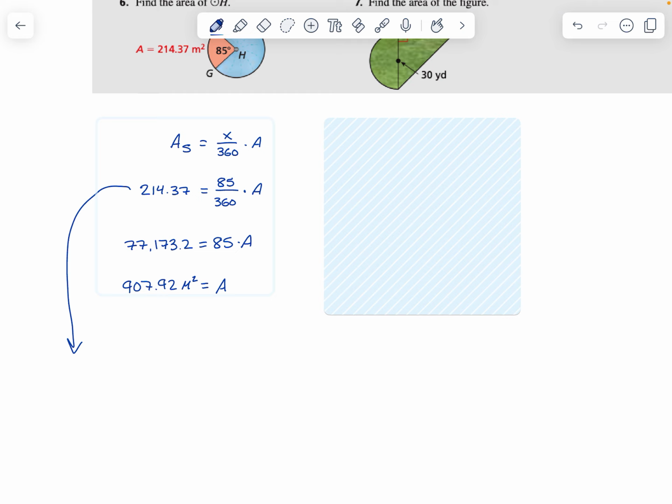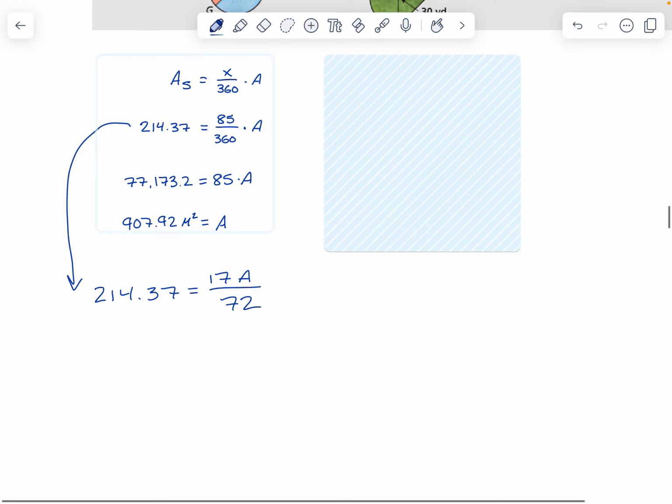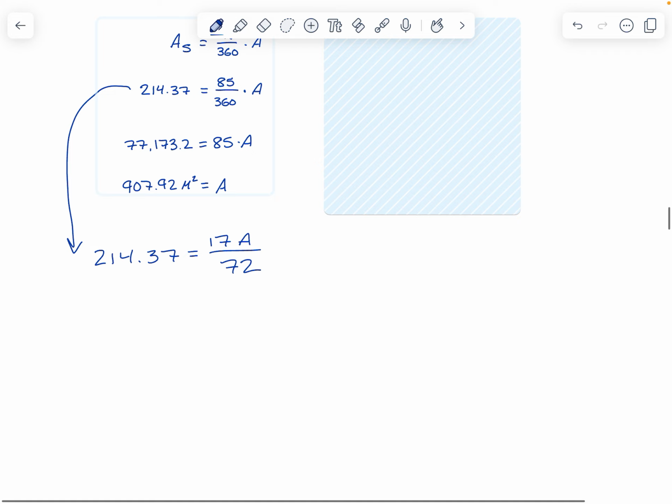85 over 360 is 17 over 72. So I have 214.37 is equal to 17a over 72. I would multiply both sides by 72.